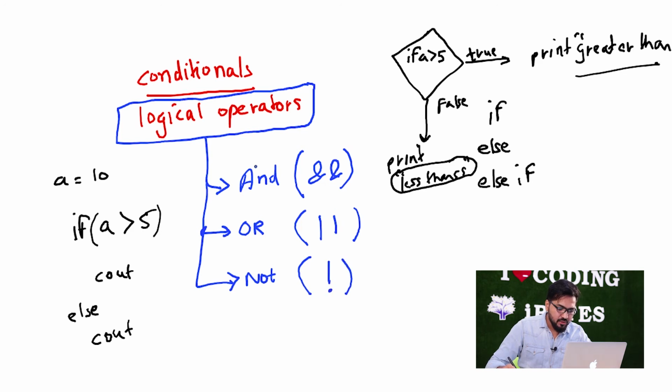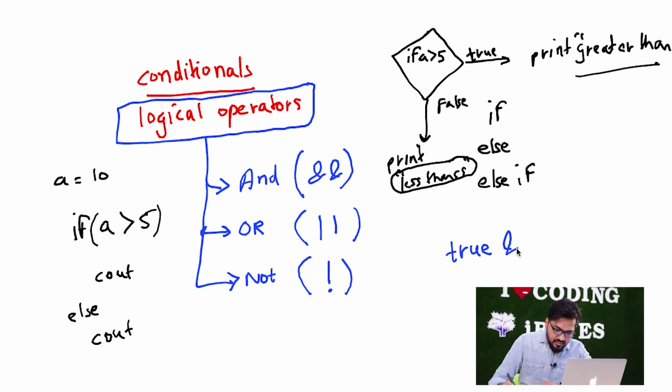Now what does and mean? And means that if I have two conditions, if both of them are true, only then the overall thing is going to be true, okay. So if I have true and true, this overall quantity is going to be true, right.